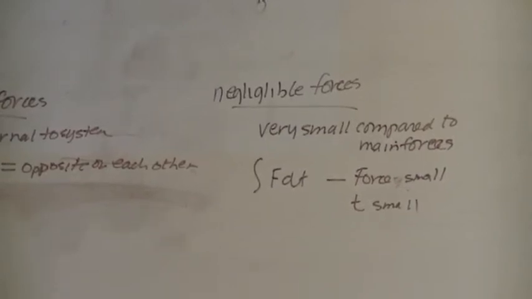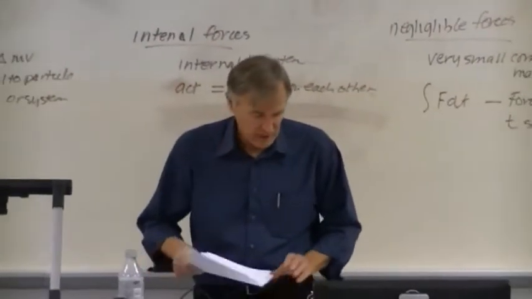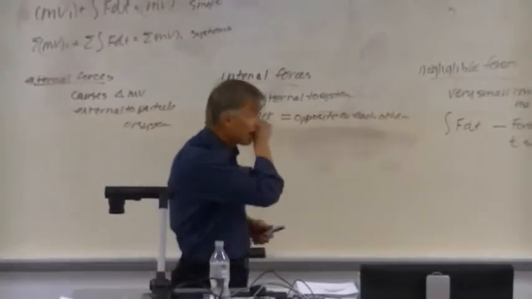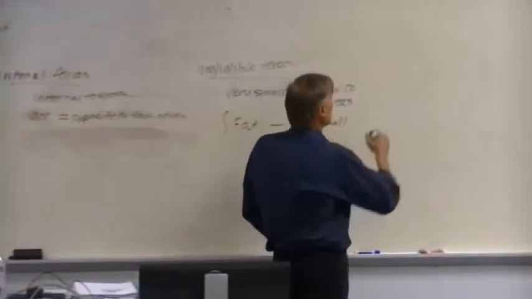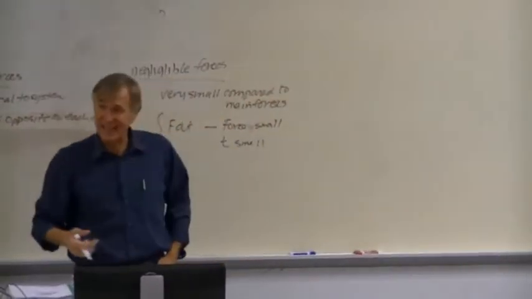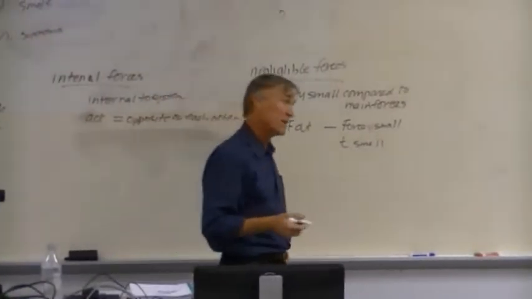Okay, let's talk about some examples. Let's talk about negligible forces real fast. Momentum is really good for guns and cannons and things like that, and we'll be using those as good examples.